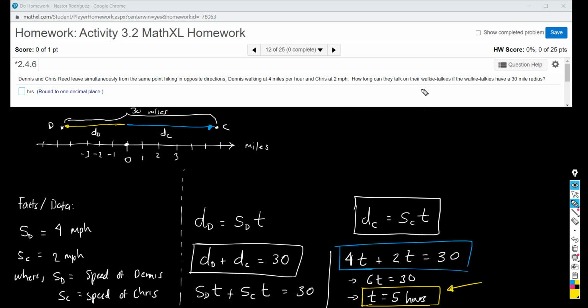How long can they talk on their walkie-talkies? If the walkie-talkies have a 30-mile radius, their solution is 5 hours. They can walk for 5 hours until their walkie-talkies go dead, so to speak. Okay, so that's the solution.